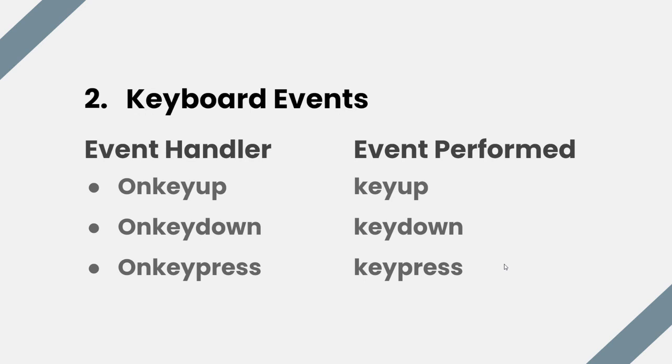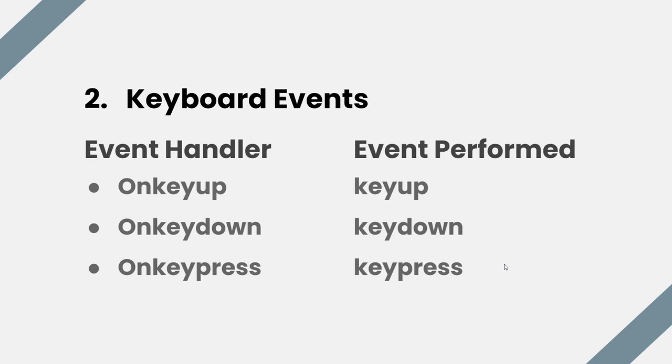You doing that alone, you can perform an action or an event with the onKeyDown event handler. And the moment you release your finger from that key on the keyboard, it can perform an event with the onKeyUp event handler. So the onKeyUp and the onKeyDown are actually opposite events, but they are quite connected.